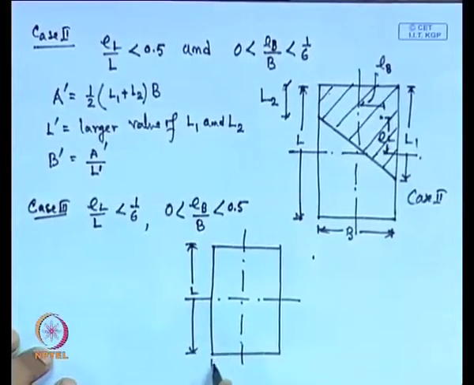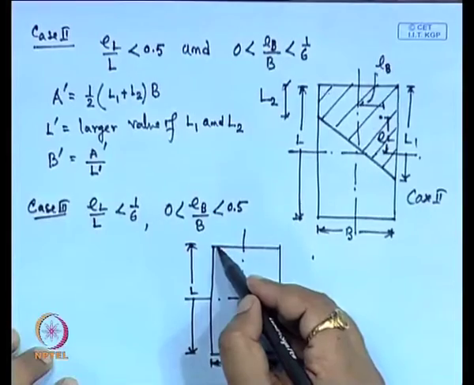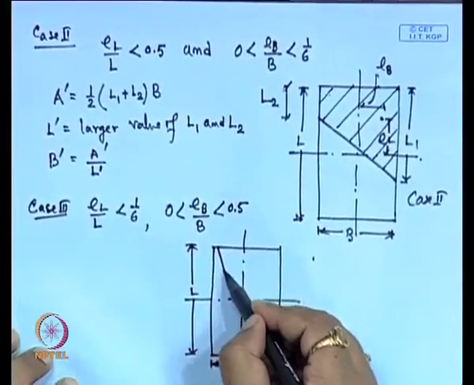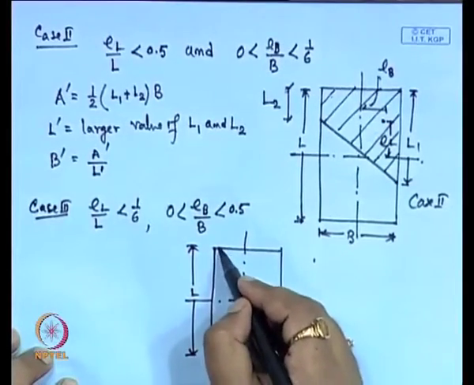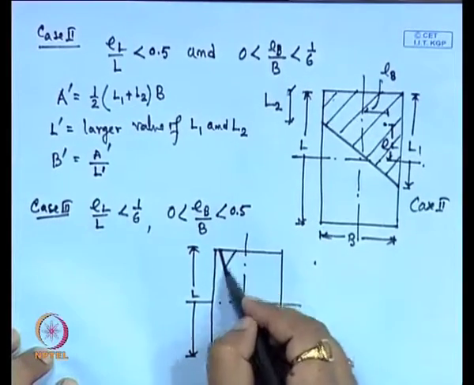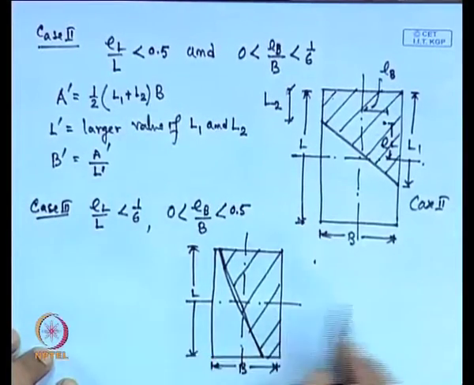suppose this is length, this is B. So, in such case, effective area will be this one. So, this hatch portion will give us the effective area.